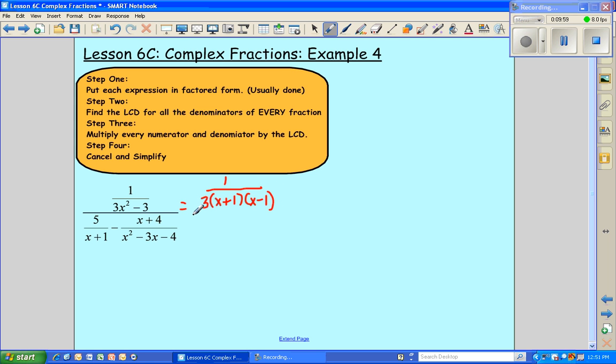So there was a difference of squares hiding in there. And then we have 5 over x plus 1. And then this trinomial factors as x minus 4 and x plus 1.